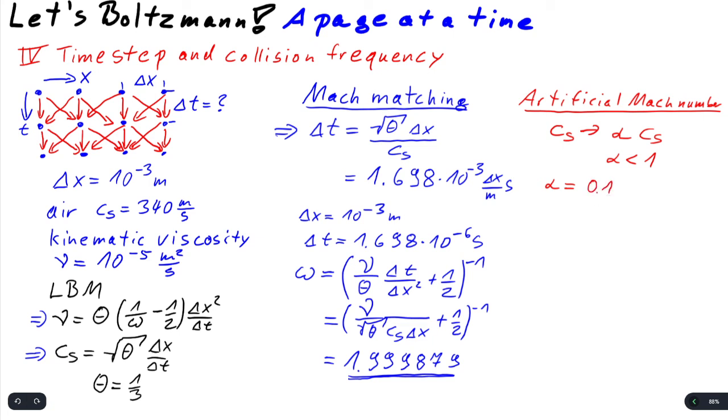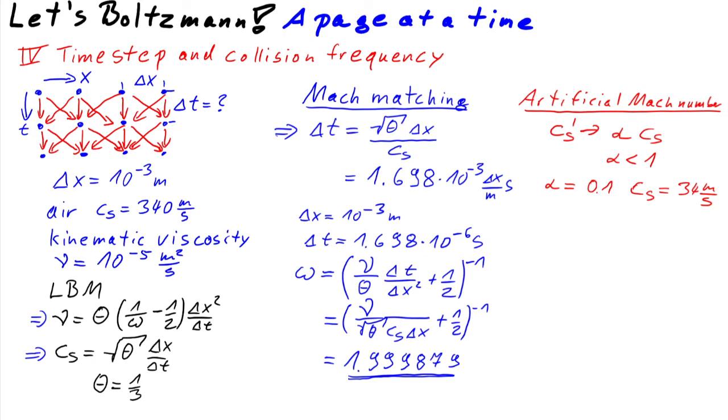And this would mean that our new alpha cs would be 34 meters per second. And for flows that are much slower than, say, 3 meters per second, this may still be a good approximation.